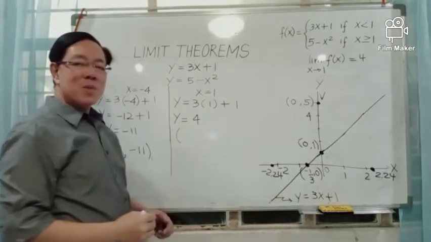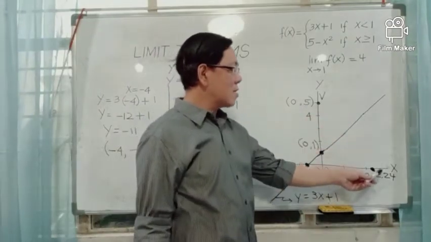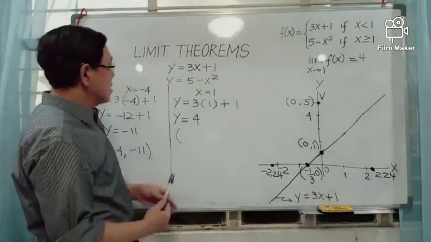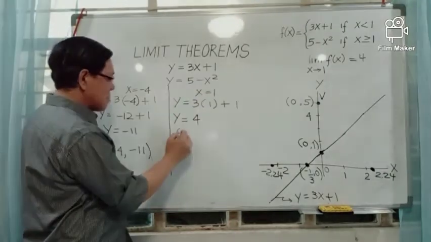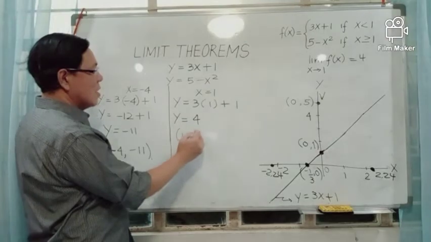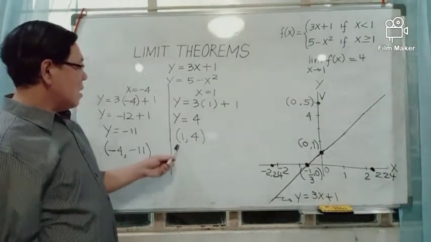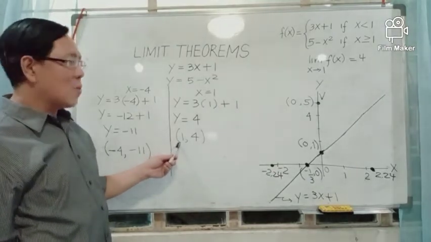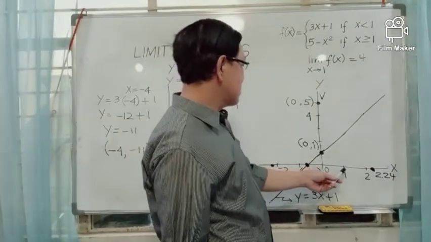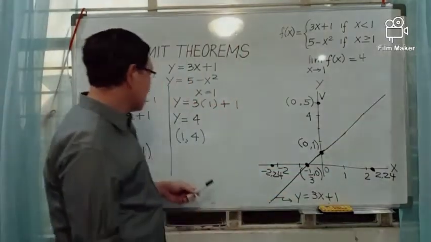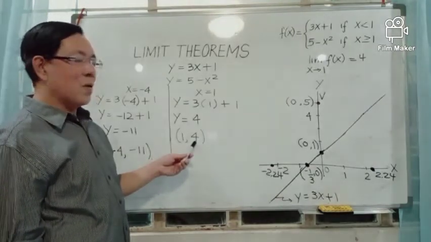Hence, the coordinates of the other point of intersection of the parabola and the line is the point with coordinates 1, 4. And this point lies in the first quadrant where x is 1 and y is 4.